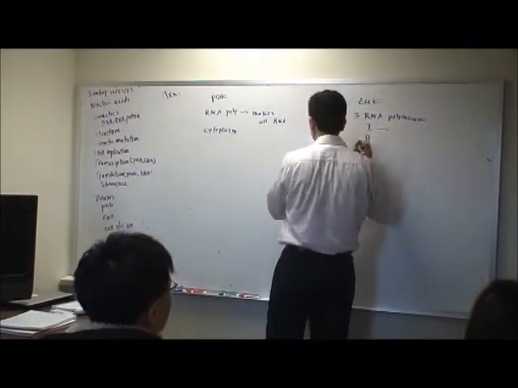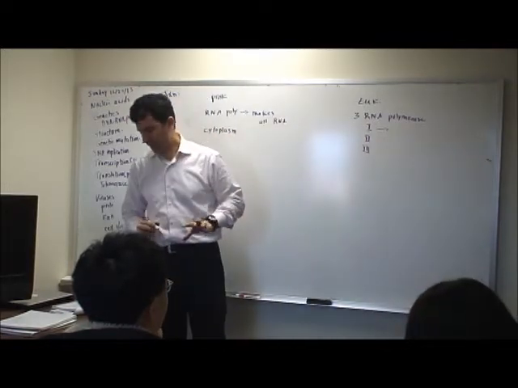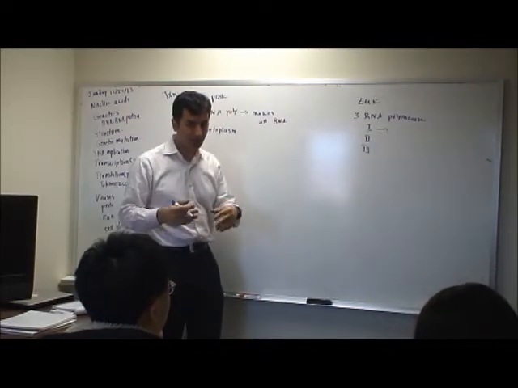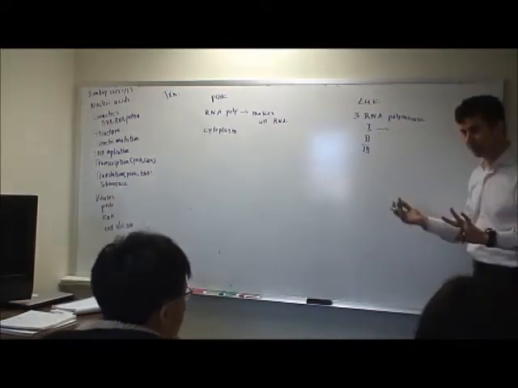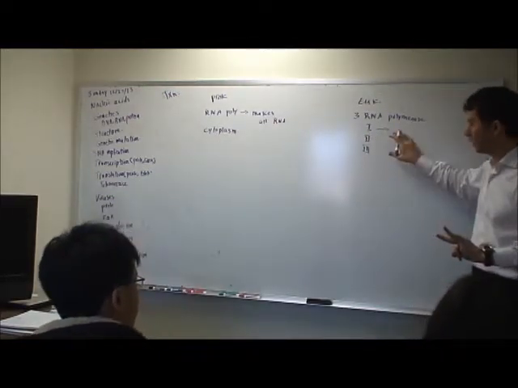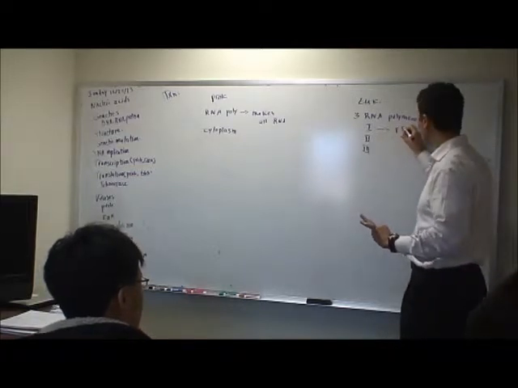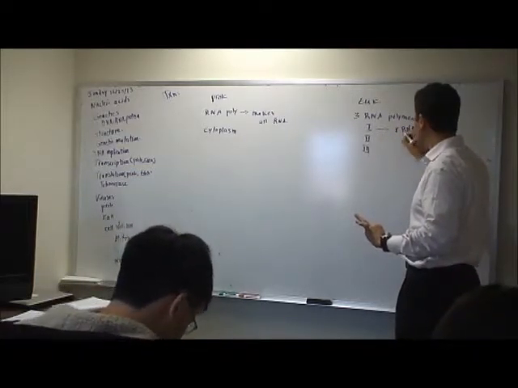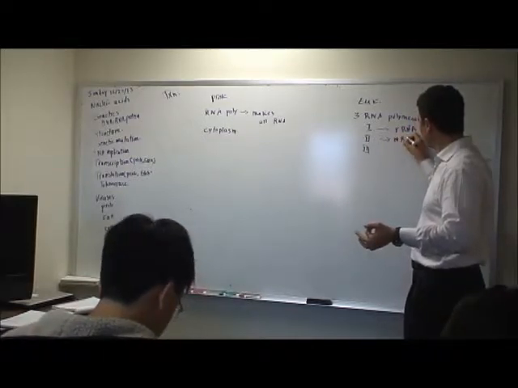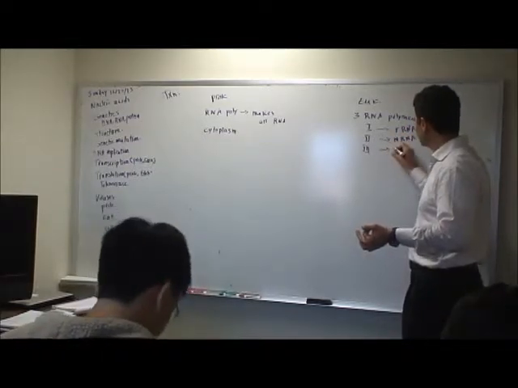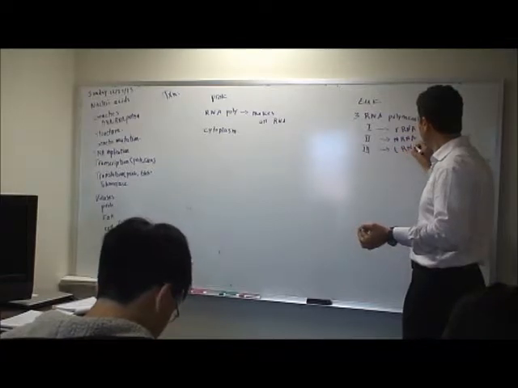What would RNA polymerase 1 make? And again, how many types of RNA do you have? 3. So something has to make them. RNA polymerase 1 makes rRNA. RNA polymerase 2 makes mRNA. And RNA polymerase 3 makes tRNA.